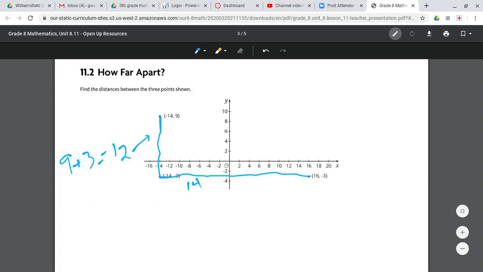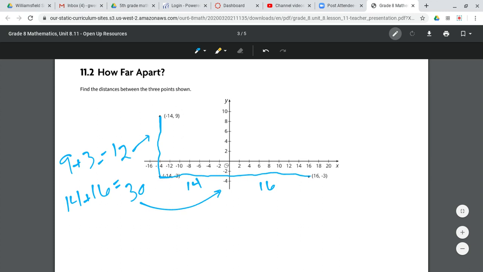So this segment here is 14. And from 0 to 16 is 16. So we're going to add 14 plus 16 to get 30. You're correct. So this whole side here is 30.